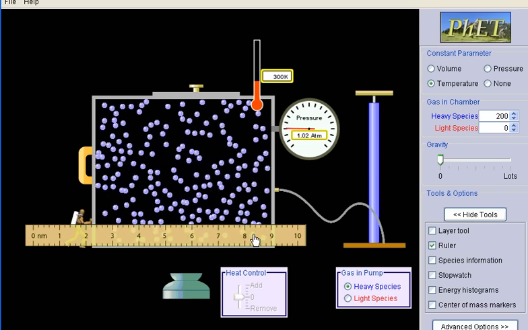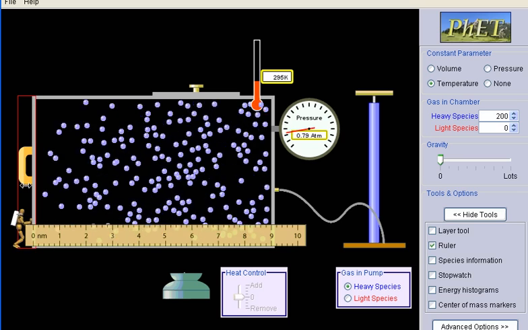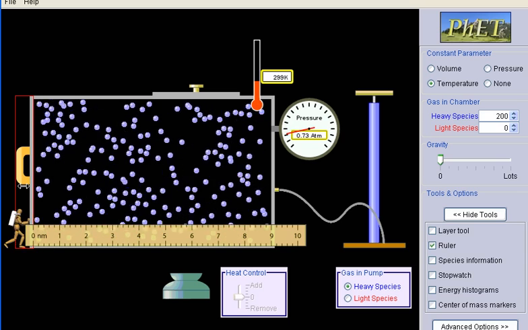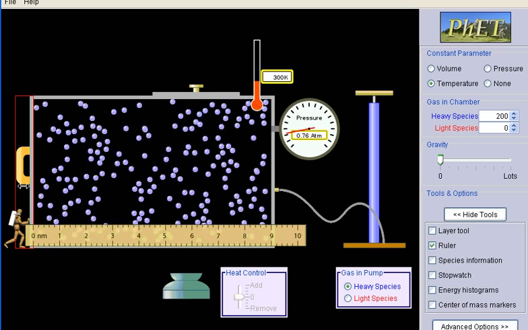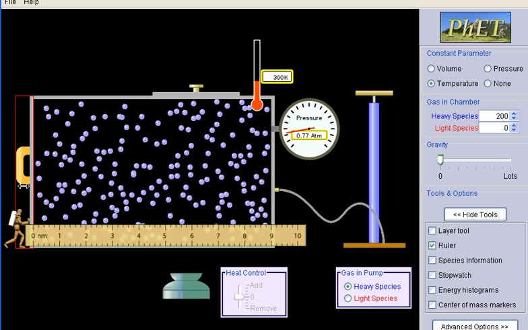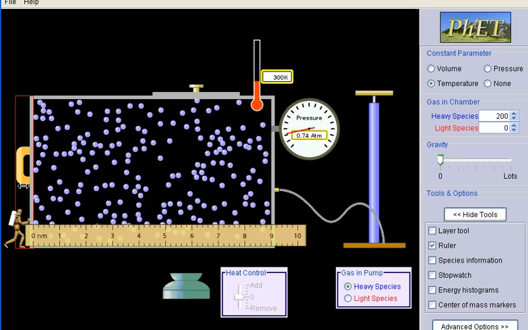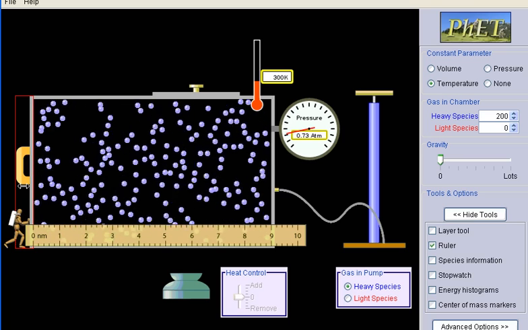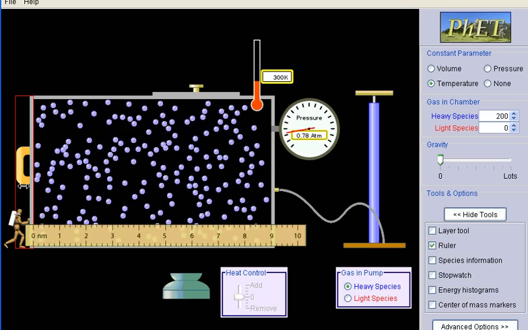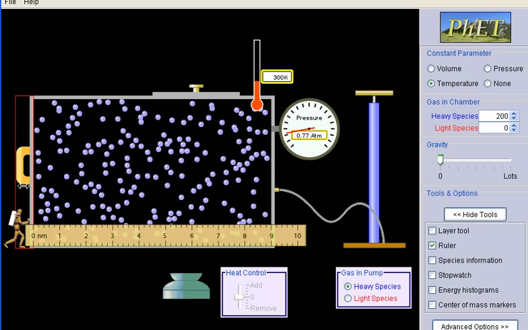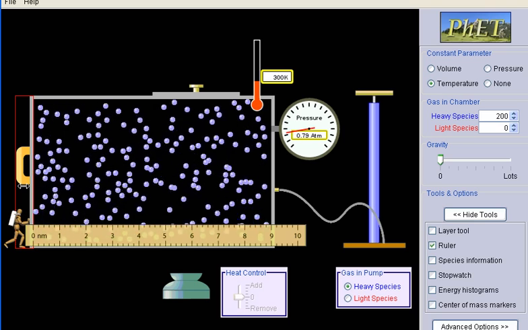If I increase my volume to have my length be 9 nanometers, then I need to look at what my pressure does. My pressure looks like it's going to stick around 0.7, because it bounces back and forth with all the interactions with the wall. But it's going to settle, so we end up with 0.7 atmospheres, and you would write that down in your data table for this particular volume.